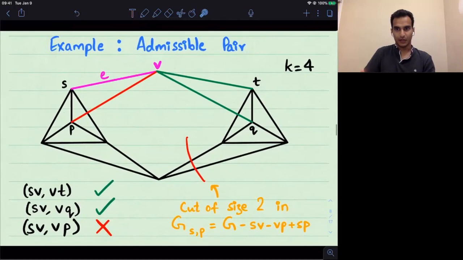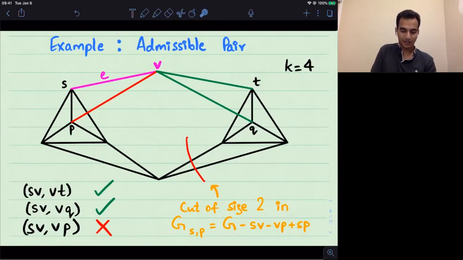Let's see a quick example just for clarification. In this graph, V is the special vertex, SV is the special edge, and we are interested in determining the admissible partners of SV. It is easy to verify that splitting off SV and VT still maintains 4-edge connectivity.